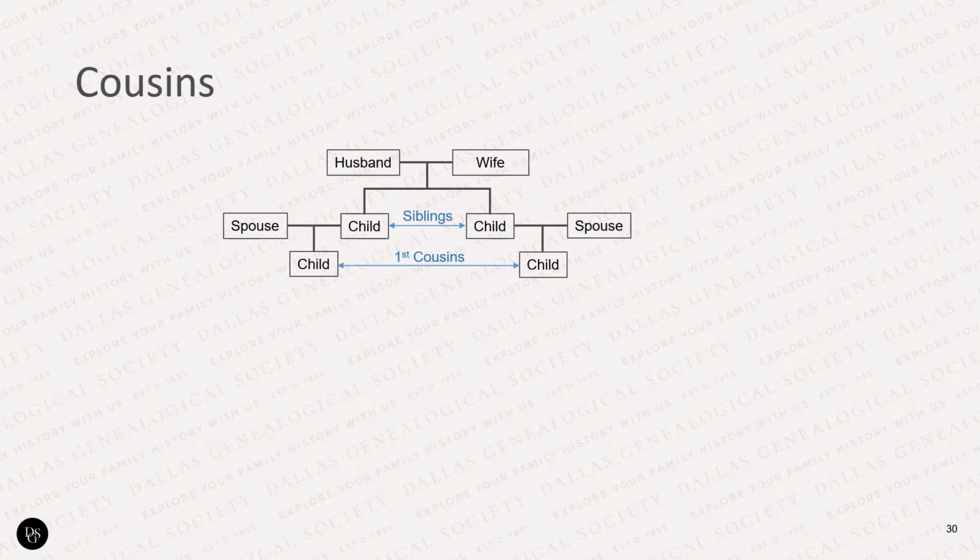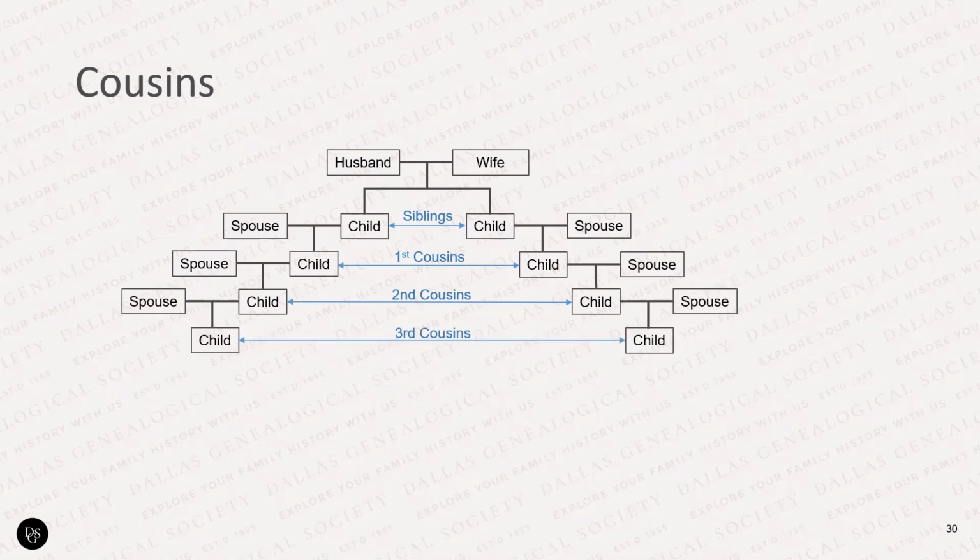If those children marry somebody and have children, those children would be second cousins, because the relationship is one step further away from where they're actually blood relatives. If those cousins get married and have children, then we would have third cousins. So first cousins, second cousins, third cousins are all equal steps up or down in the family chart, as you can see.